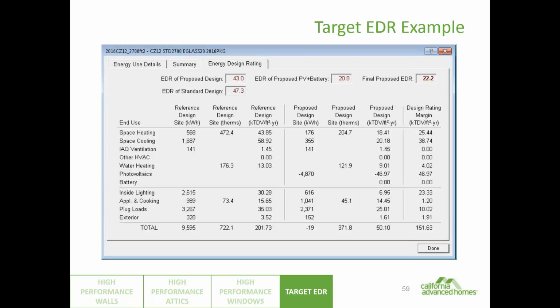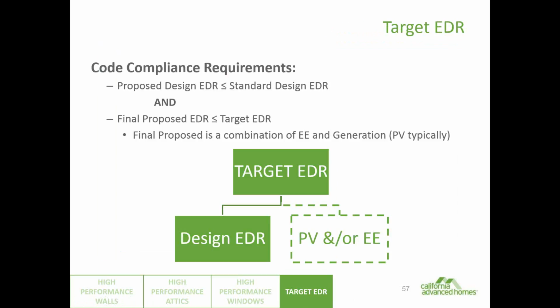So the building complies because your proposed design is better than your standard, and your site kilowatt hours is better. But right now, the way the code is going to be talking about this is more target EDR and design EDR. But the target EDR will mean that your site kilowatt hours has been zeroed out for the year.